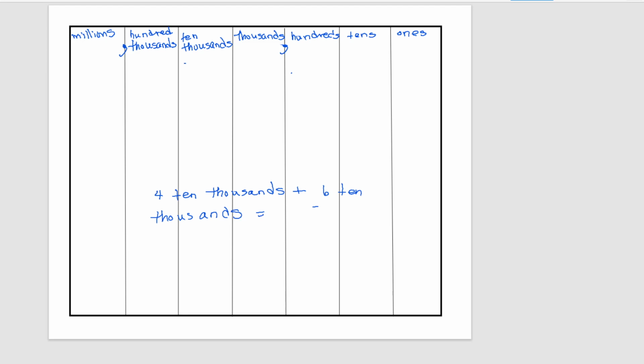We have 10,000s, we have 4 10,000s, and then we have 6 10,000s. So again, a group of 5 plus 1 more would be 6. 4 plus 6 would be 10 10,000s.